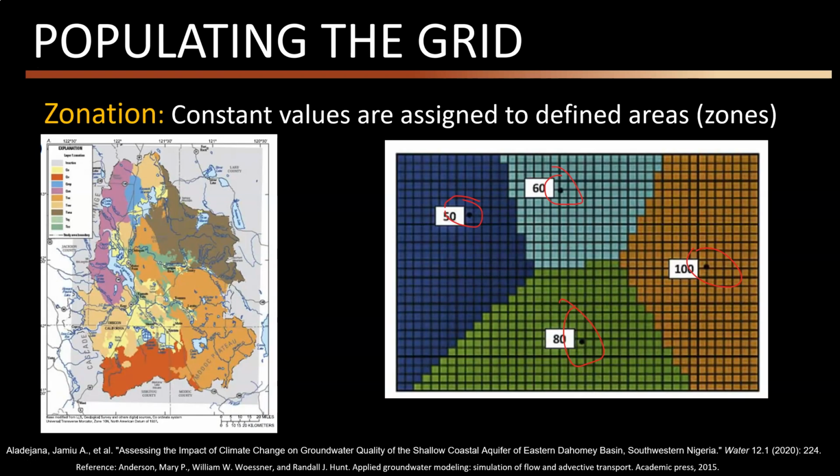So these are two examples of using zonation techniques. For example, there is one field measurement here, one here, and one here.